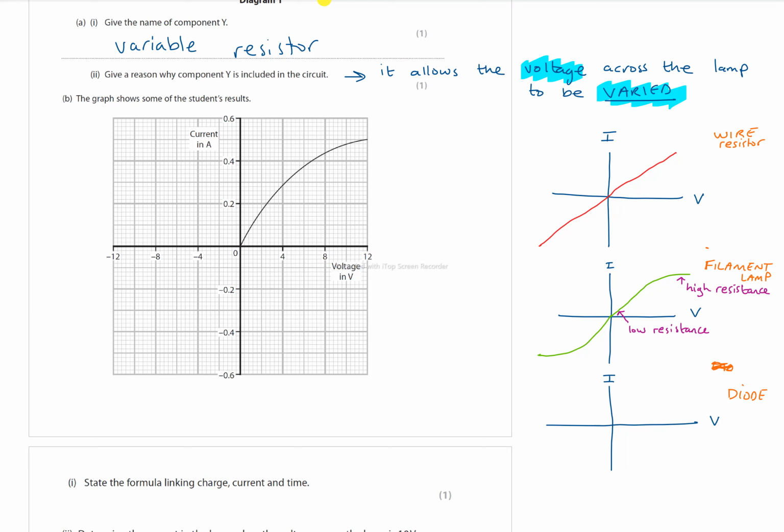Right, now finally for the diode, we'll do it in blue. You've got high resistance, so the flatter the curve, and then at 0.6 the resistance just suddenly takes off.